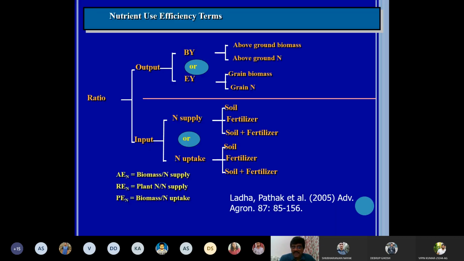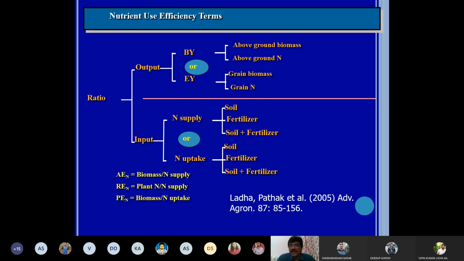Now you can see the formula; you can make different formulas of nutrient use efficiency. See the first row, where you have output divided by input. It is the ratio, nutrient use efficiency. Output may be in terms of biological yield or economic yield. In biological yield, you can have output with respect to above ground biomass or above ground nitrogen: how much nitrogen has been accumulated in the above ground biomass.